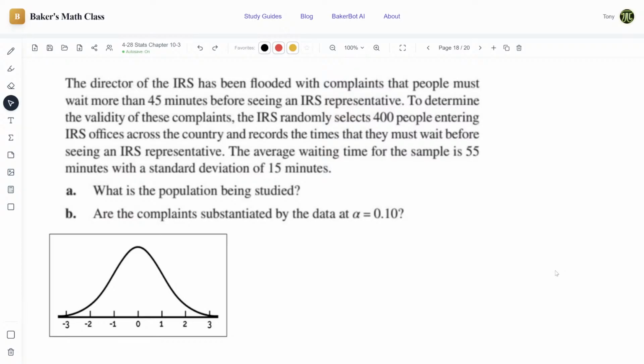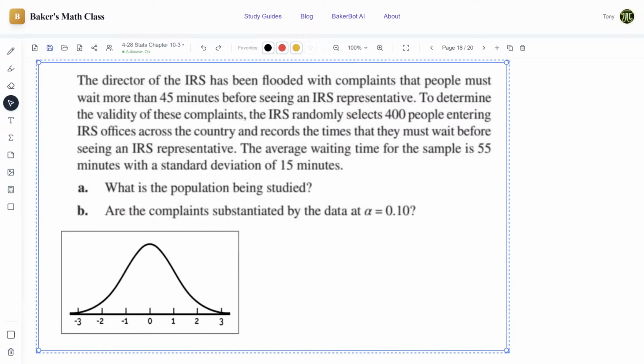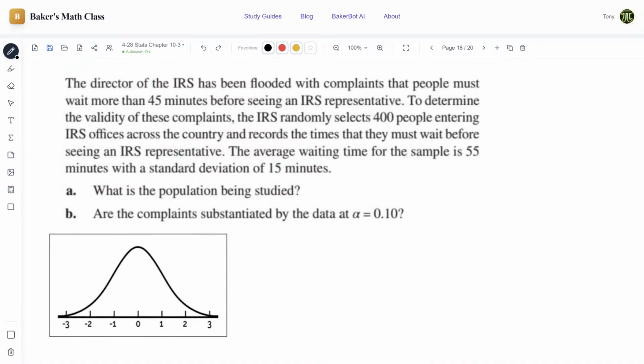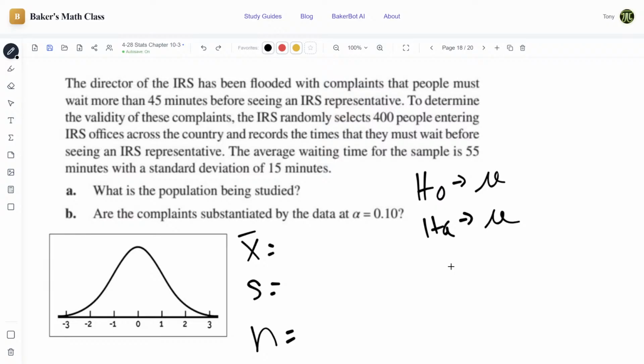All right, so let's pull out our information. So null hypothesis, alternate hypothesis. So what's my null hypothesis? 45 minutes.